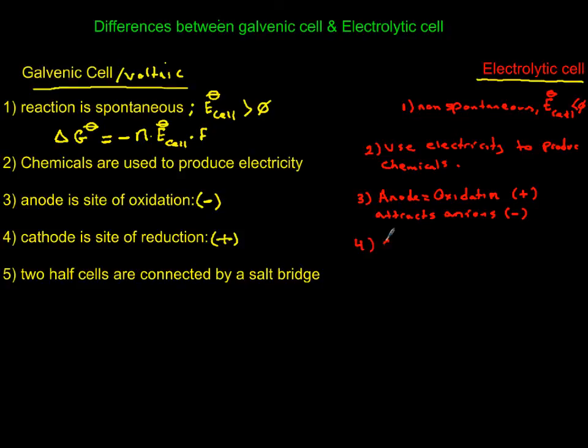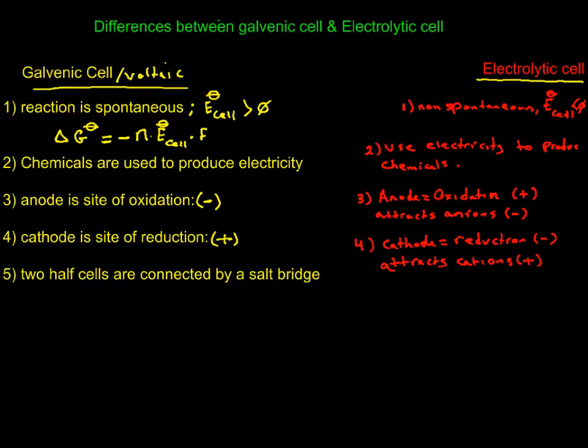Cathode, on the other hand, in an electrolytic cell, is still the site of reduction, but its sign is negative, and you can remember it as it's going to attract cations, and cations are positive and they get attracted to the negative pole, so it attracts cations, which are positive ions.